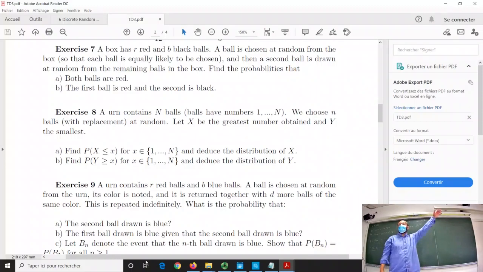So in fact, if I want to translate the statement with words, your job here is to find the distribution of the maximum and the minimum of small n independent uniform random variables on the set 1 to capital N. So in particular, for all i belonging to 1 to n, for all k between 1 and capital N, the probability that xi is equal to k is equal to what?